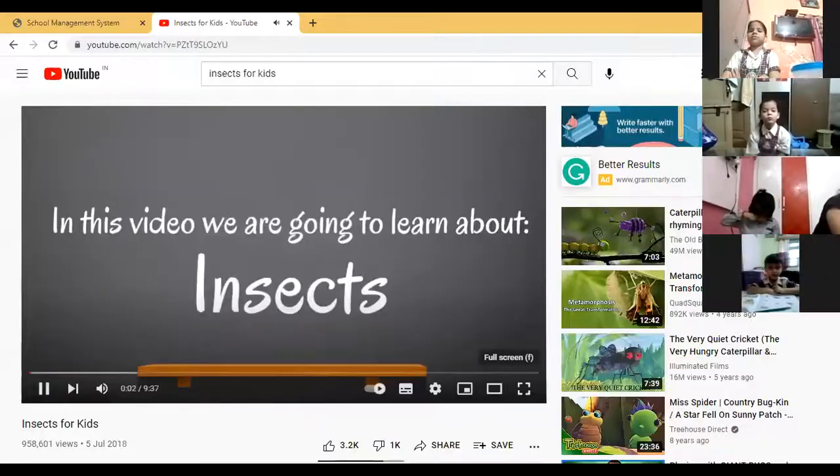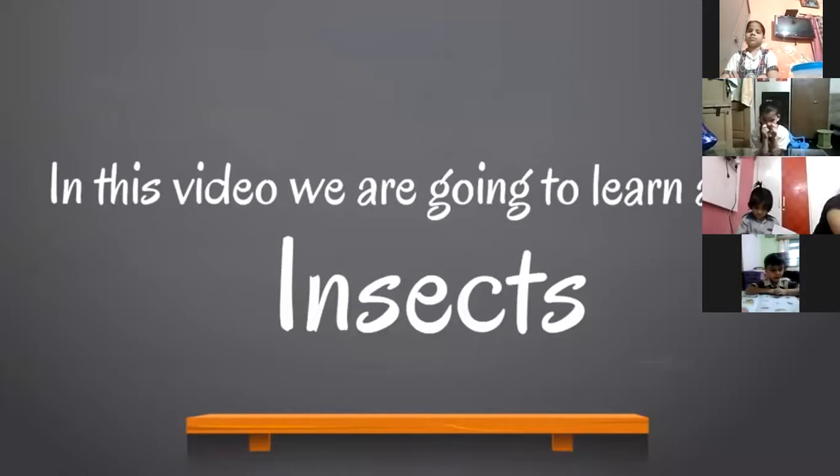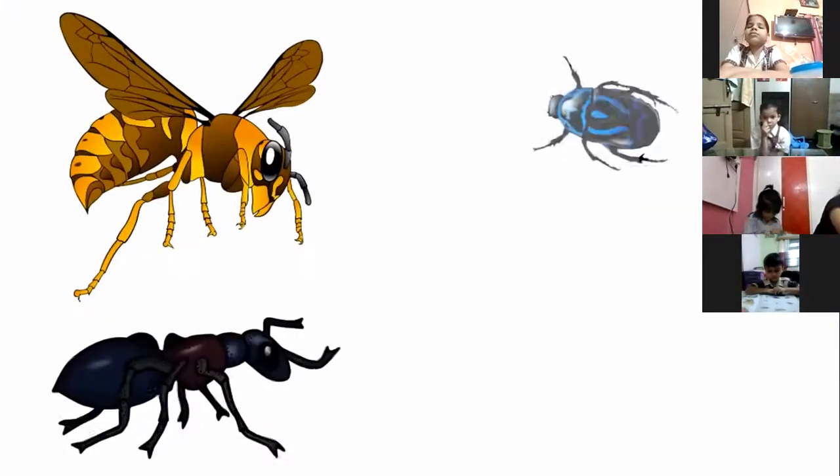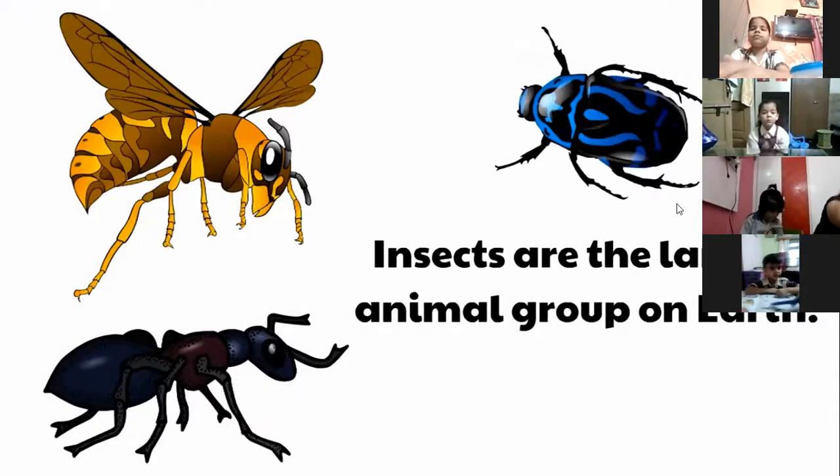To learn about insects. Insects are fascinating. Some are beautiful, some can be a little gross, but one thing's for sure, they are not boring. Welcome to the exciting world of insects. To begin, insects are the largest animal group on Earth. Did you know that?